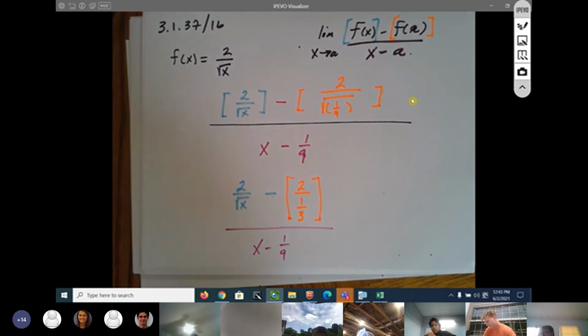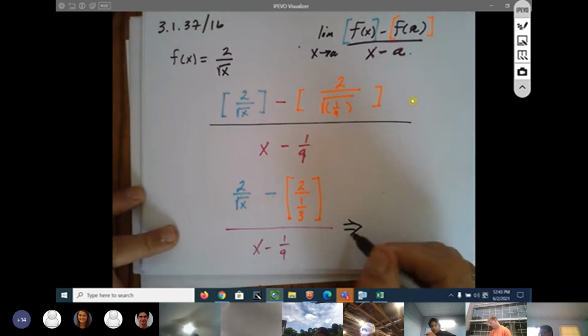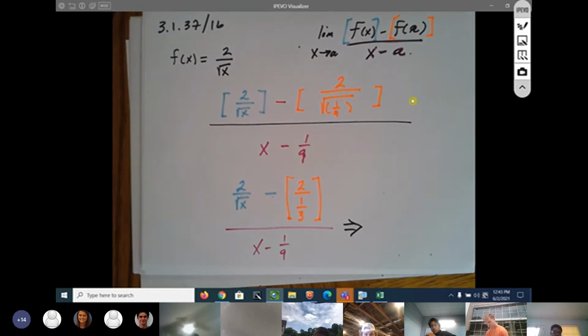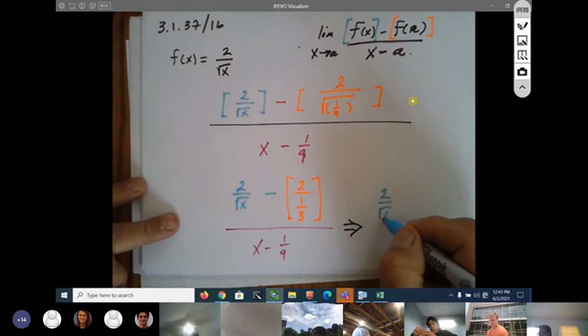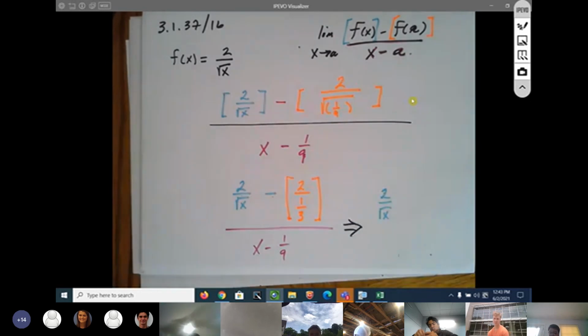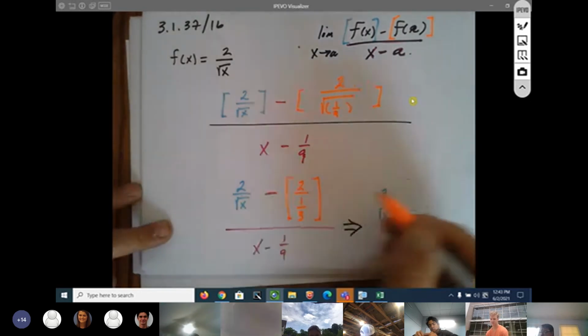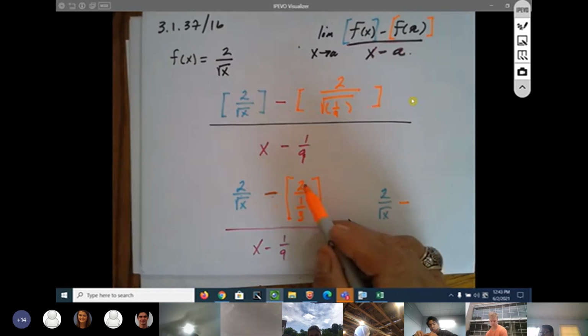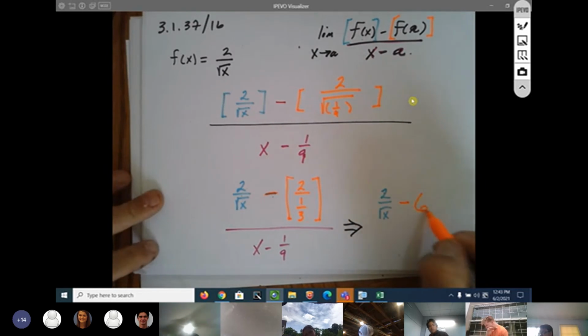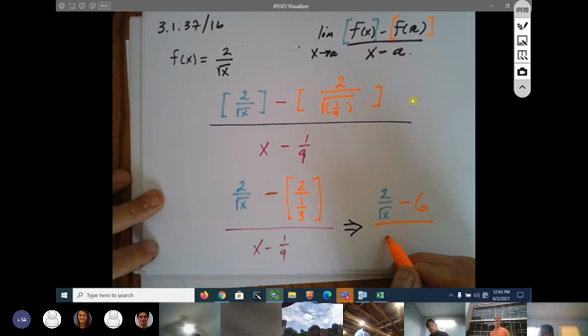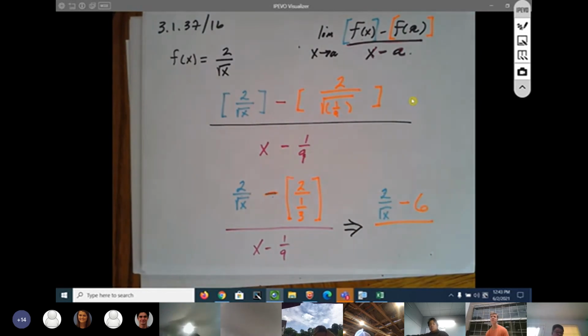And that's going to give us 2 over the square root of x minus, 2 divided by 1/3 is the same as 2 being multiplied by 3, which is 6. Over x minus 1/9.